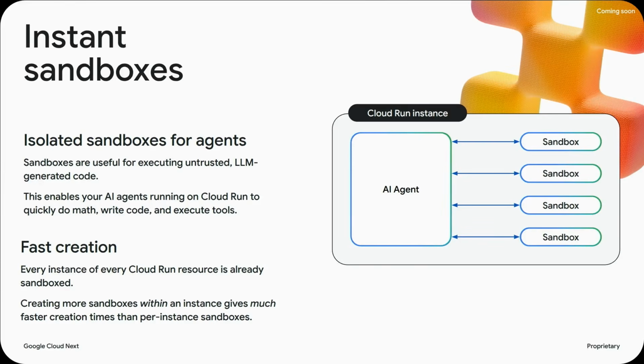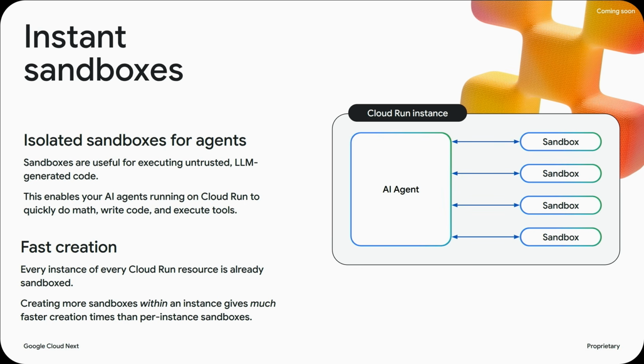Isolated sandboxes are useful for executing untrusted code in your agent environment, such as code generated by an LLM, or for running agents like sub-agents themselves. This capability enables your AI agents running on Cloud Run to do math, write code, or execute tools safely and securely. The creation of these sandboxes is also designed to be extremely fast.